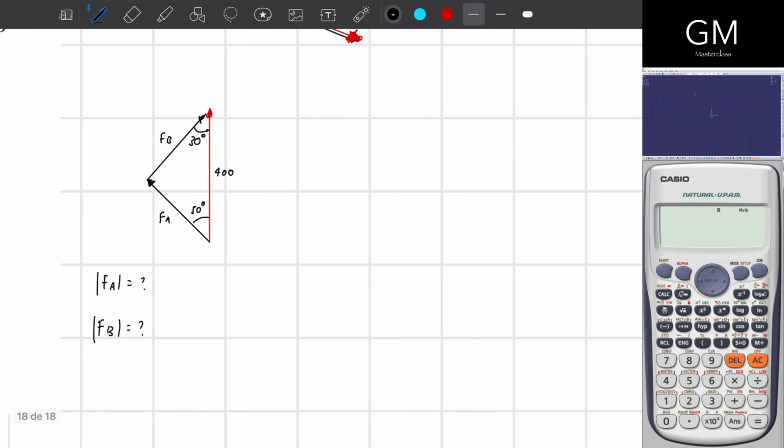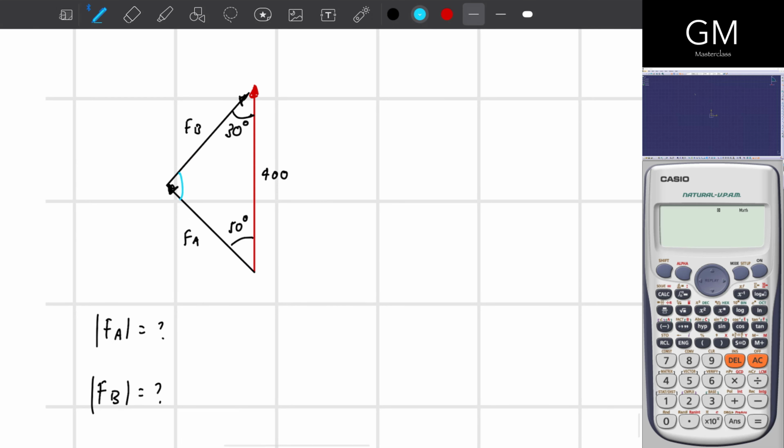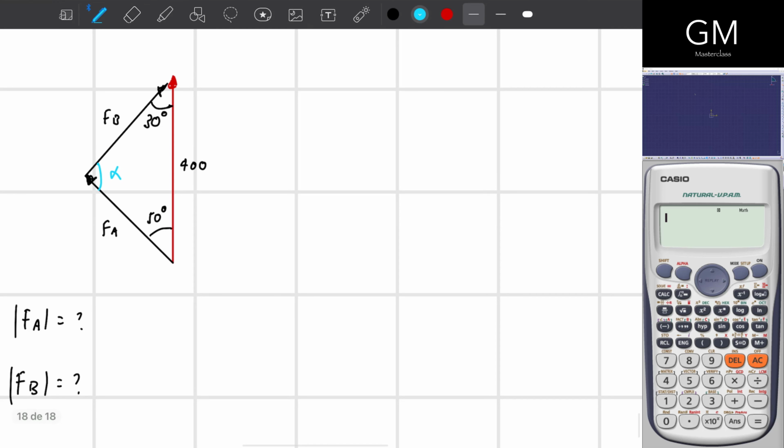Okay, what I'm going to do is find this angle. The first thing, I'm going to start playing with angles and trigonometric identities for me to find these two values. So this angle, I'm going to call it alpha, and there is one statement that you should remember: the sum of the angles within a triangle must be equal to 180 degrees, right?